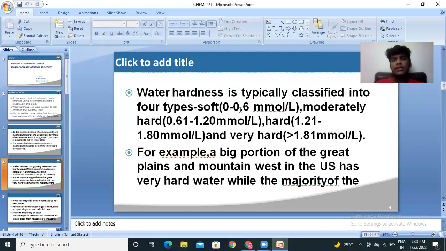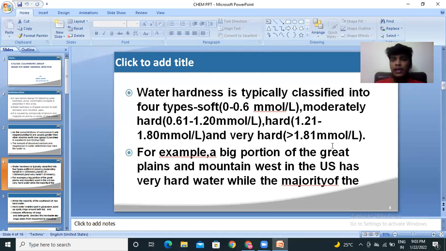Water hardness is typically classified into four types: soft, 0 to 0.6 mole per liter; then moderately hard, 0.61 to 1.20 mole per liter; then hard, 1.21 to 1.80 mole per liter; and very hard, which is 1.81 mole per liter and above.